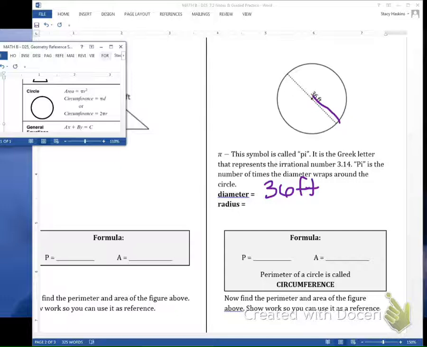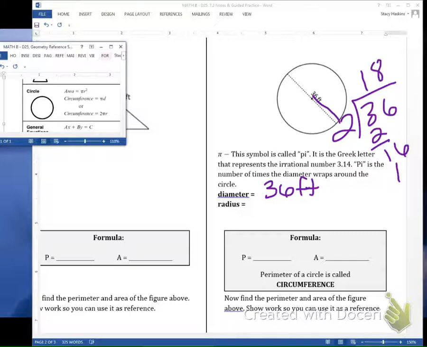Remember, half of something is the same thing as dividing by 2. Well, 36 divided by 2 is 18. So our radius is 18 feet.